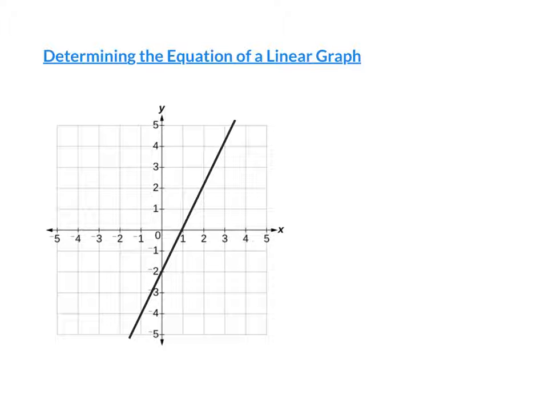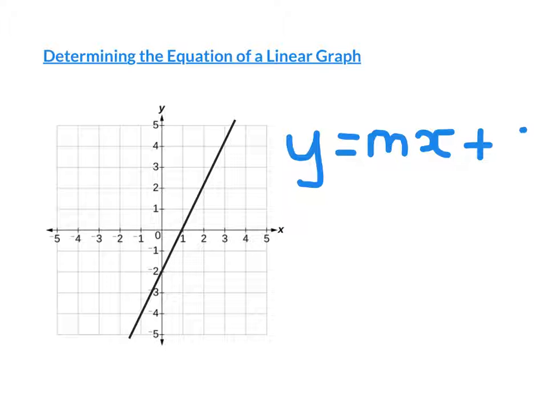In today's tutorial, we are going to look at how to determine the equation of a linear graph, if we are given a linear graph, so a straight line that is plotted on our Cartesian plane. The first thing we've got to remember is that any linear equation can be written in the form y equals mx plus c.